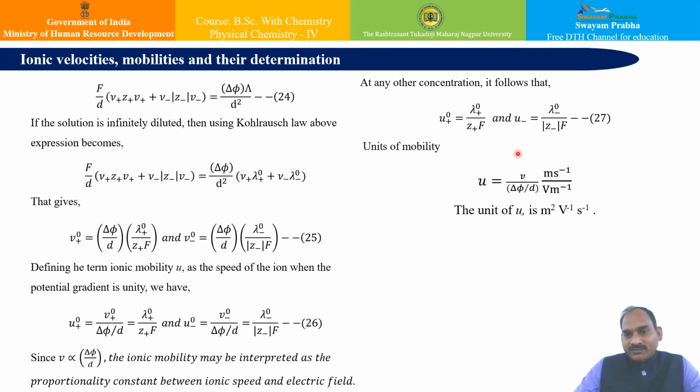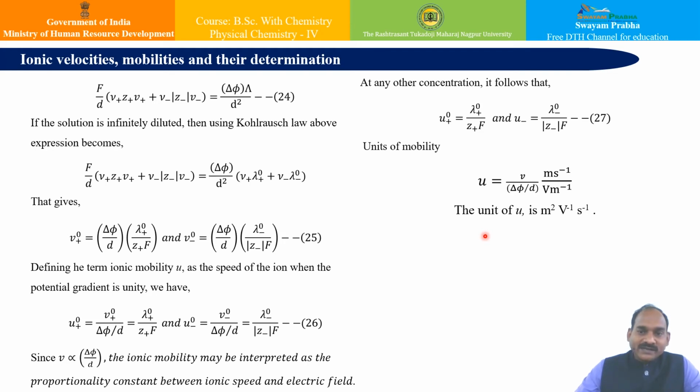And particularly we can calculate the unit of ionic mobility: meter per second upon volt per meter. So the unit of ionic mobility is meter square per volt per second. Now this information I can utilize for the calculation of ionic mobilities, isn't it?